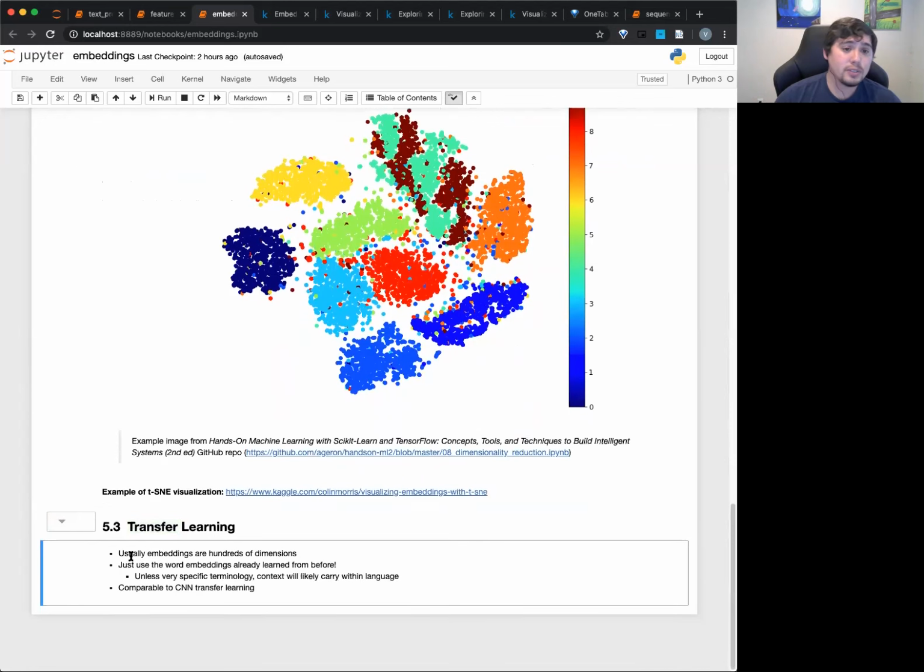So just know that for embeddings in general, you have hundreds of dimensions, and you can use the embeddings you learned before, but make sure the specific terminology and context will carry through. You obviously wouldn't use word embeddings for English and apply them to Spanish or some other language. It just wouldn't work, right?